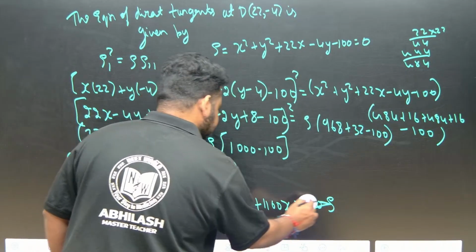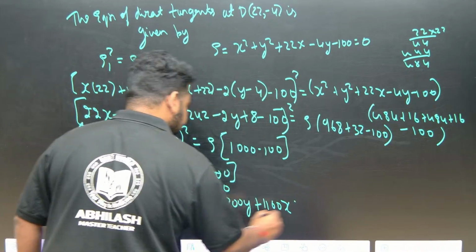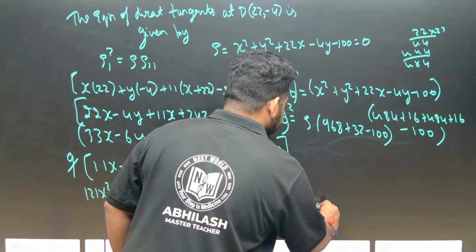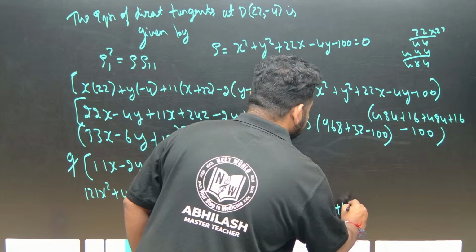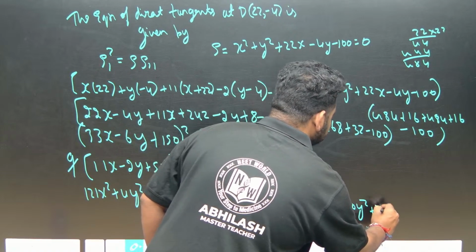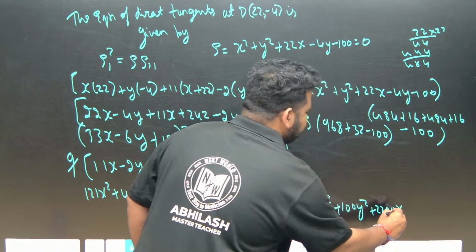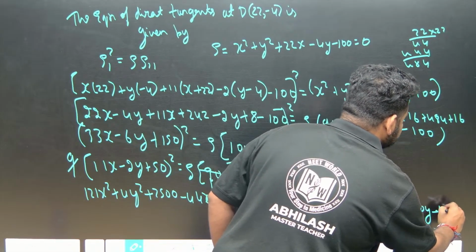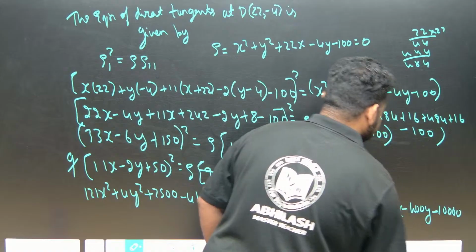This S value is nothing but 100 into x square plus 100 into y square plus 2200x minus 400y minus 100 into 100 is 10,000. This is what we have.